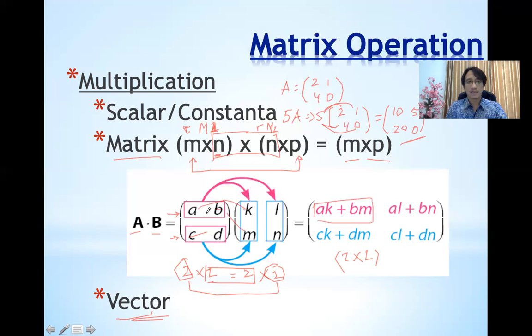And then for the first row and the second column, we calculate A times L plus B times N. This will be the result of the first row, second column.